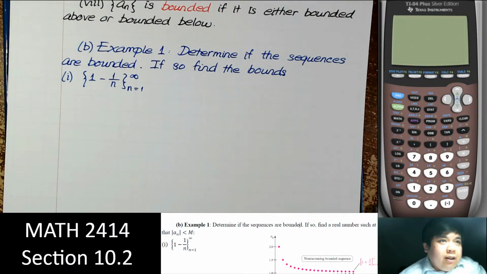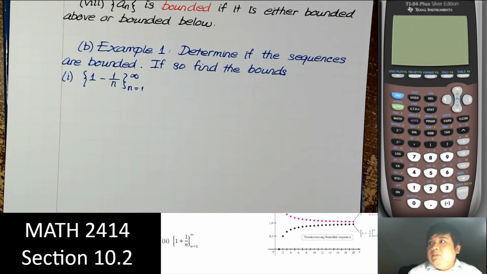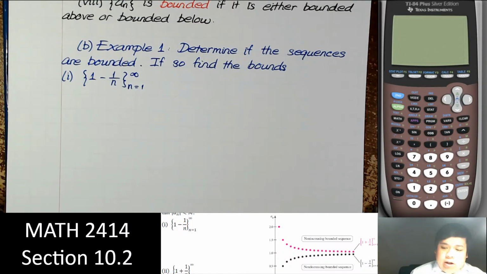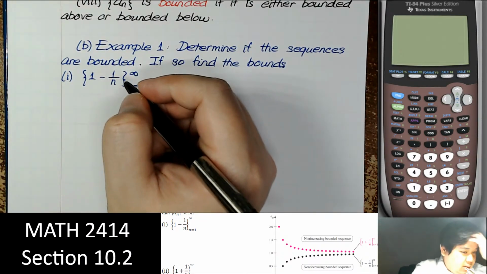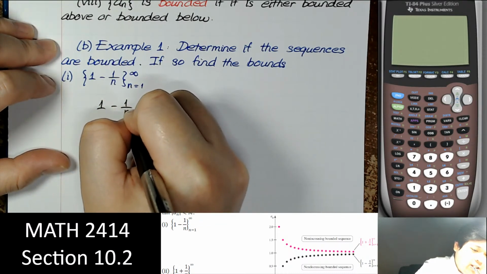So when we look at this, 1 minus 1 over n.